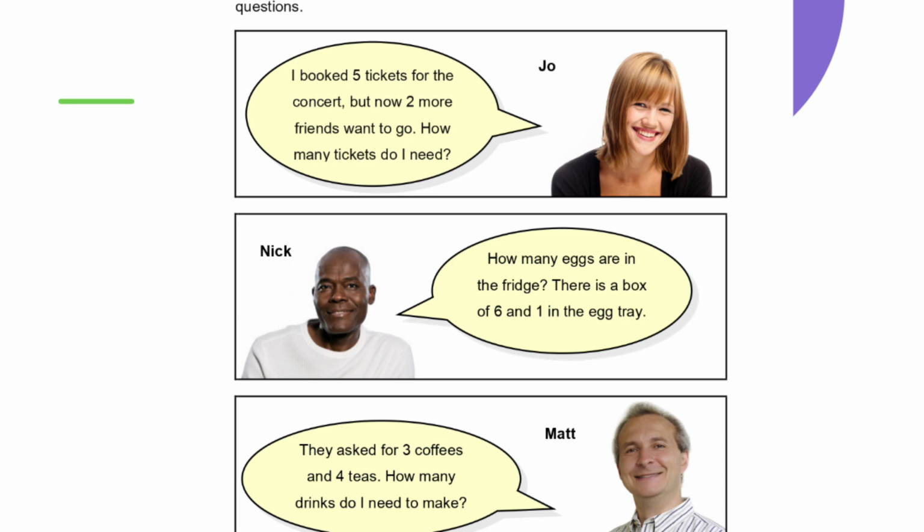Joe says, I booked 5 tickets for the concert, but now 2 more friends want to go. How many tickets do I need? So Joe is saying that she has 5 tickets. 2 more friends want to join them. And how many extra tickets does she need?